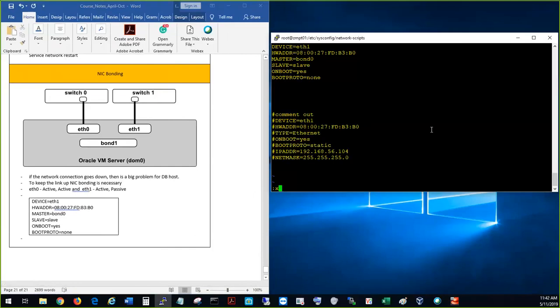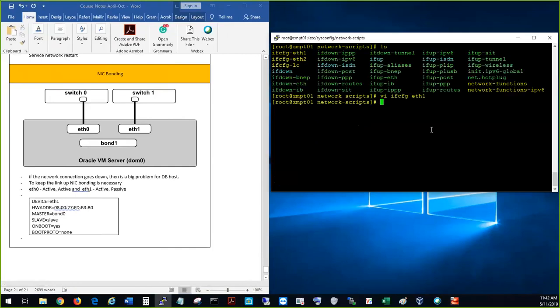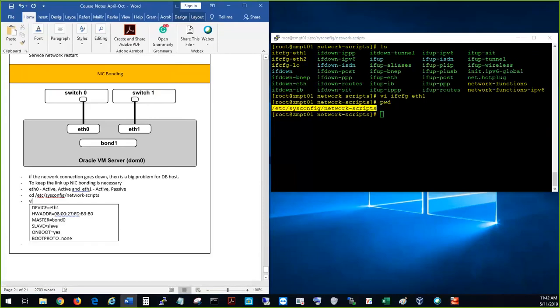Okay, and then I'm going to save and exit. Okay, it's clear so far, right? Now I'm going to do the same thing for ETH2.